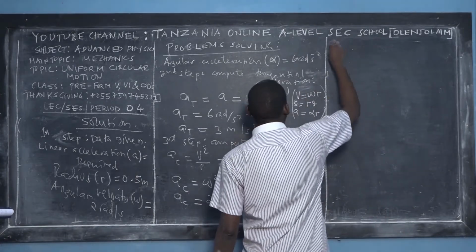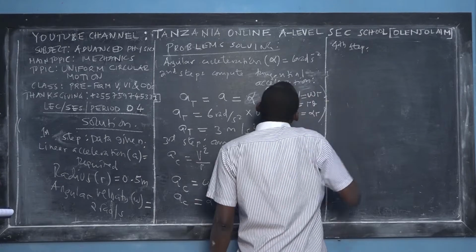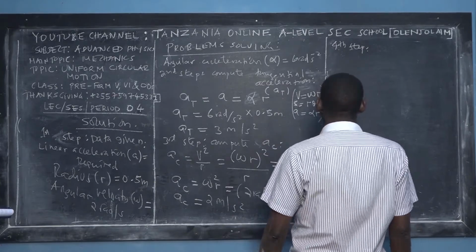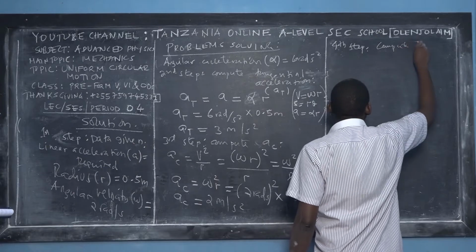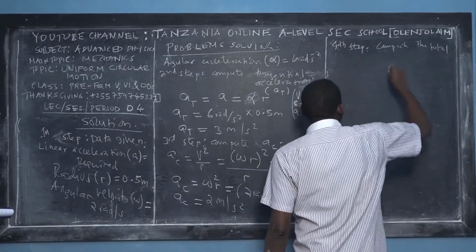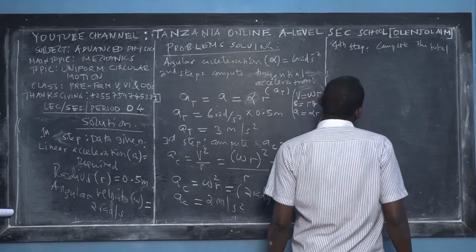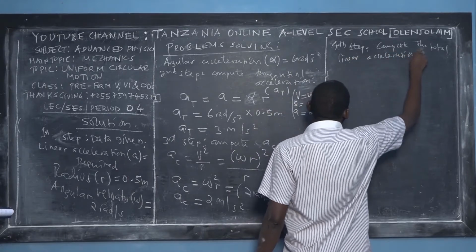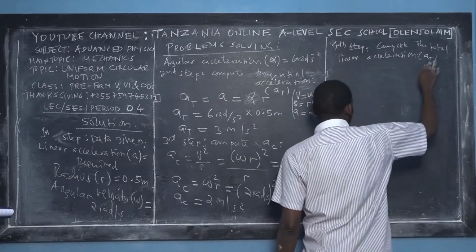So this is step 4: let us compute the total linear acceleration. So I use this notation.